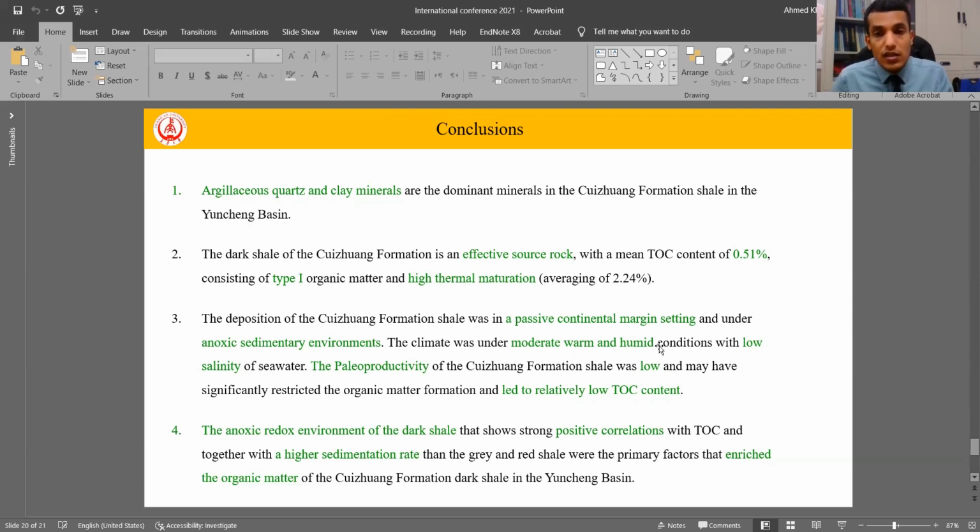The deposition was in a passive continental margin under an anoxic sedimentary environment. The climate was moderate, warm, and humid. Salinity was low. The paleoproductivity was low, which led to the relatively low TOC content. The anoxic redox environment and a higher sedimentation rate than the gray and red shales contributed to the enrichment of the organic matter.